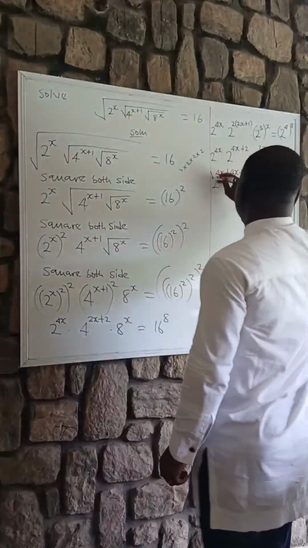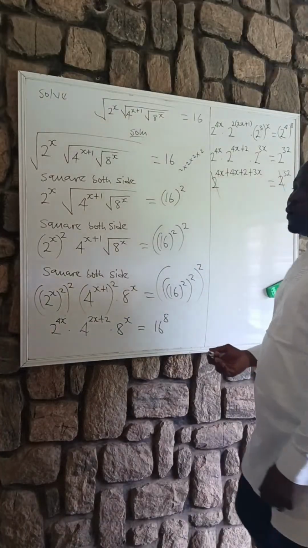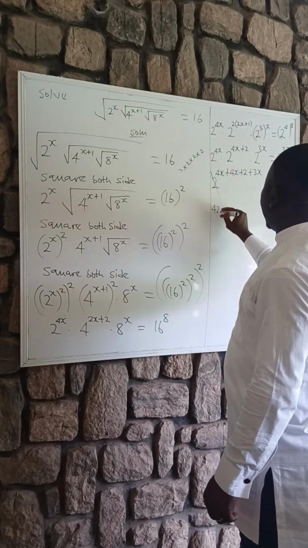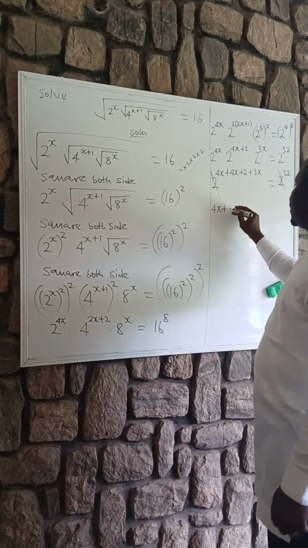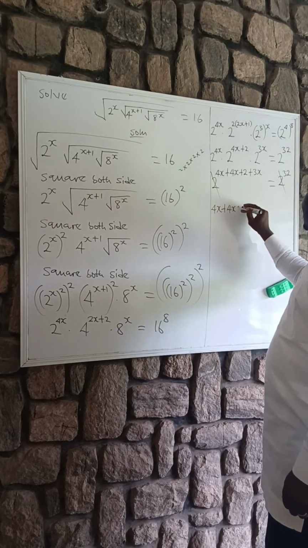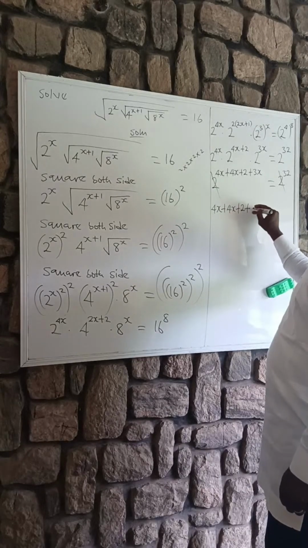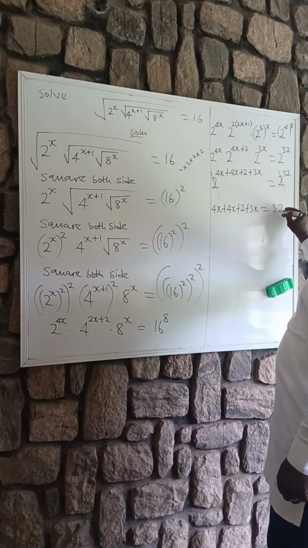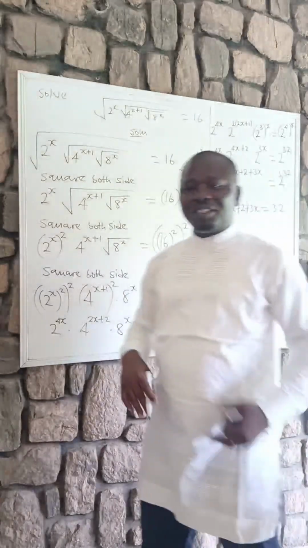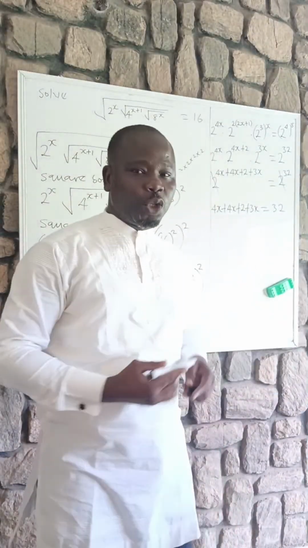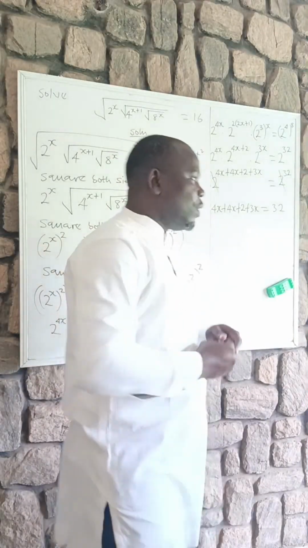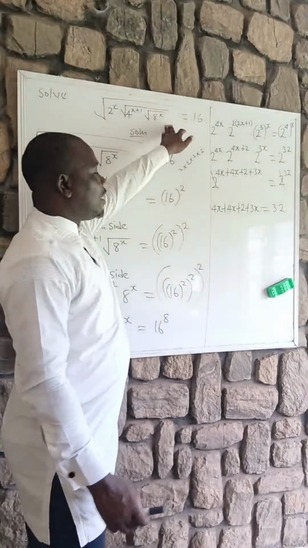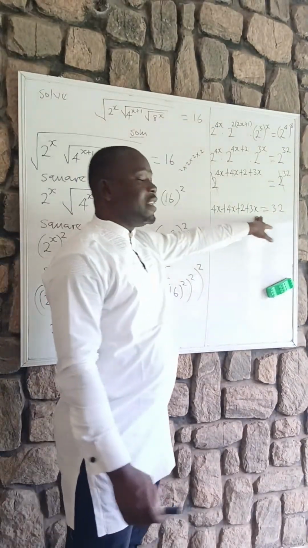So by the time this and this go, you can now see that on the left hand side we are going to have 4x plus 4x plus 2 plus 3x equals 32. You can now see that we have reduced this to a linear equation, true or false? From the square roots, we are able to reduce it to a linear equation.